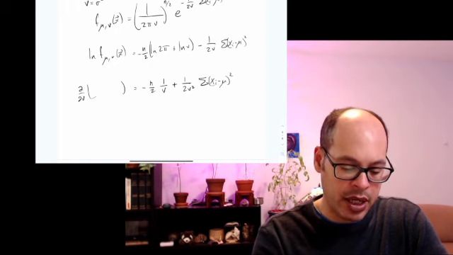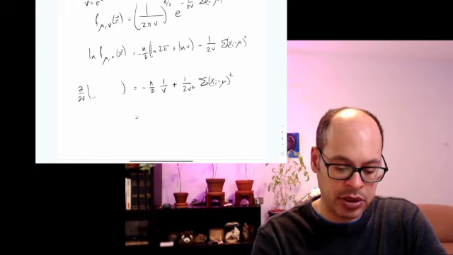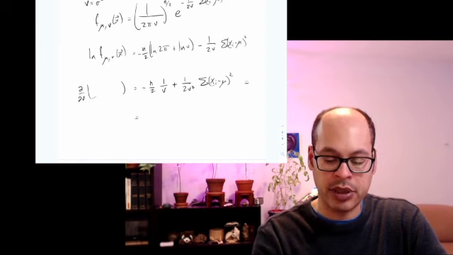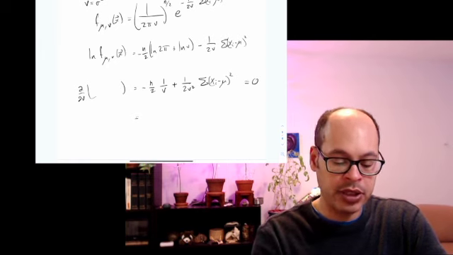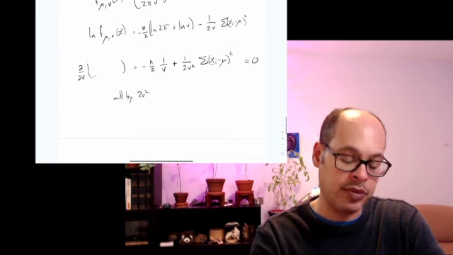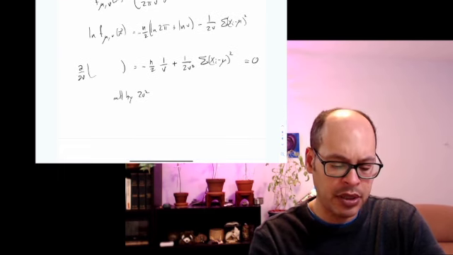Okay, and so then I get this expression, and I want to set this thing equal to 0 and solve. If that thing is equal to 0, I can multiply, for example, by 2v squared and set that equal to 0. That's a little easier to look at. So what do I get?